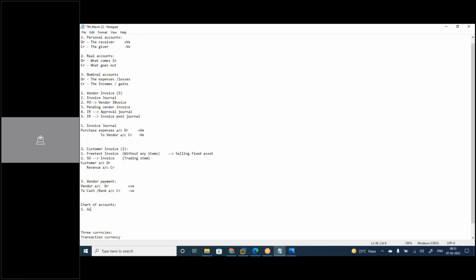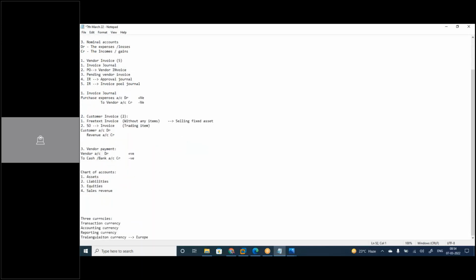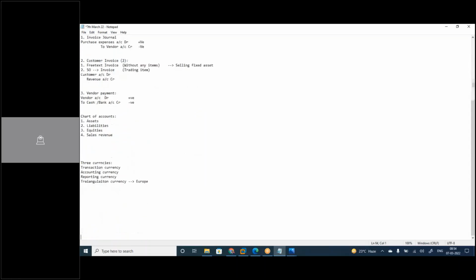One is assets, two liabilities, three equities, four sales revenue, five purchase expenses or cost of goods, six expenses, seven other incomes, eight appropriation.